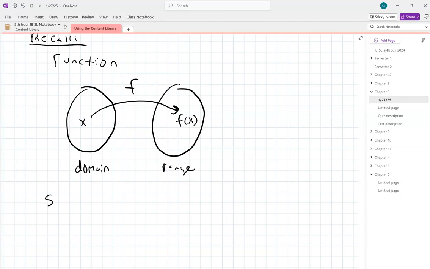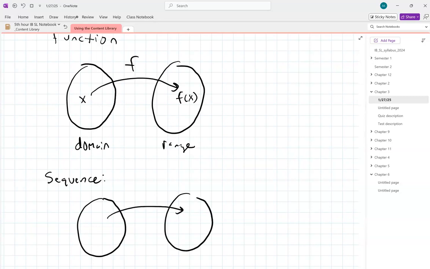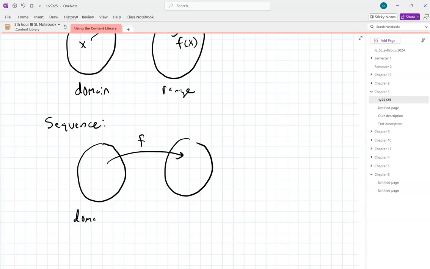So a sequence is still a function, but there's a couple of key differences. The first difference is that this domain is always the natural numbers or a subset of the natural numbers.